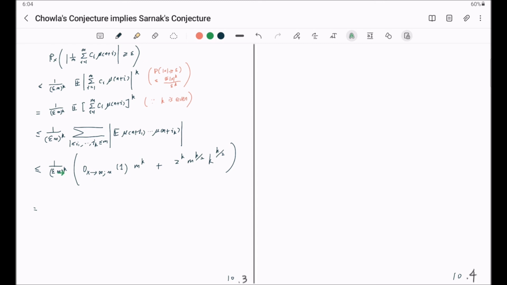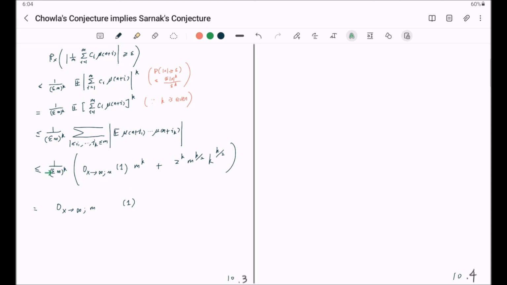Noticing that m raised to the power k cancels with m raised to the power k. Simplifying this, we get, previously this is a function of m and x, which goes to 0 when x goes to infinity.